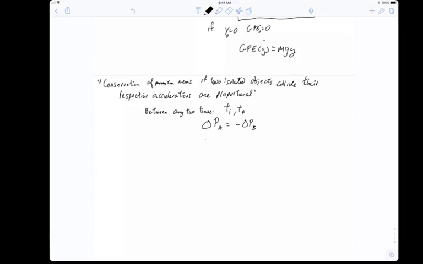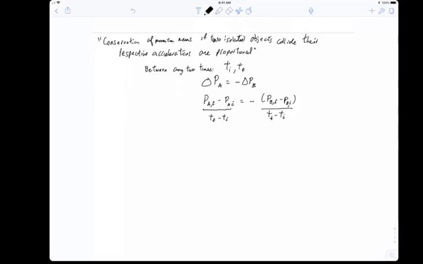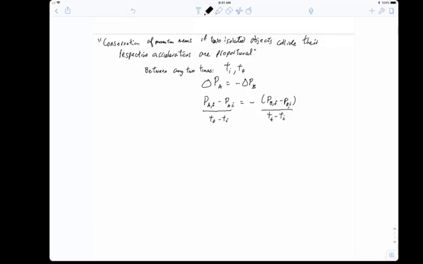So this is PA final minus PA initial, and this is minus PB final minus PB initial. And I can divide this by any number on both sides as I want, including T final minus T initial, as that's just a number. And then I can take the limit of both sides, as T final goes to T initial.